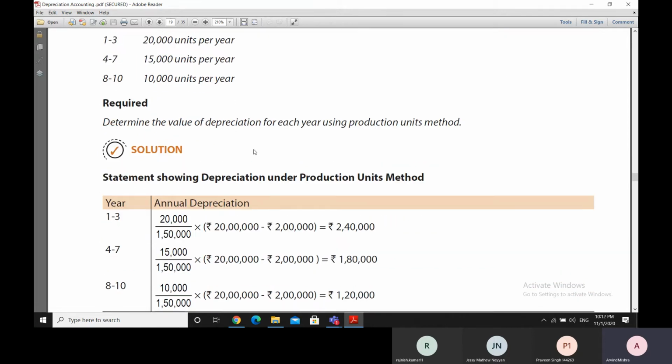So in the production units method, the total units that it is likely to produce is 1,50,000. It is producing only 20,000 units for the first 3 years.